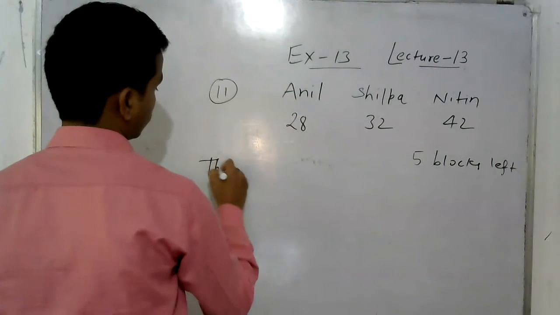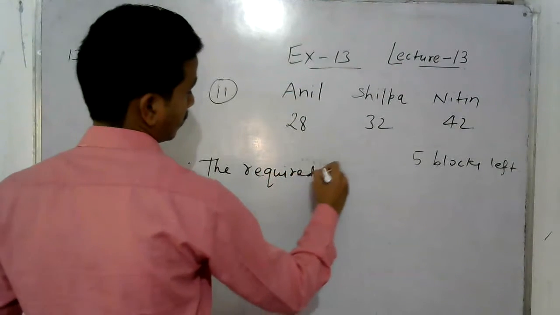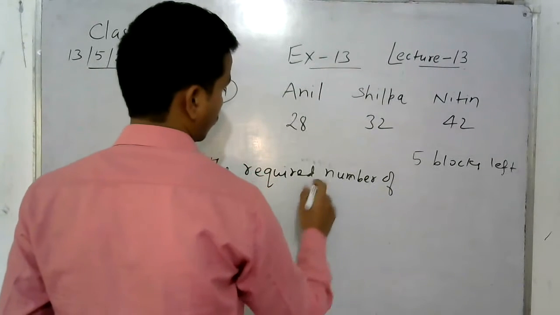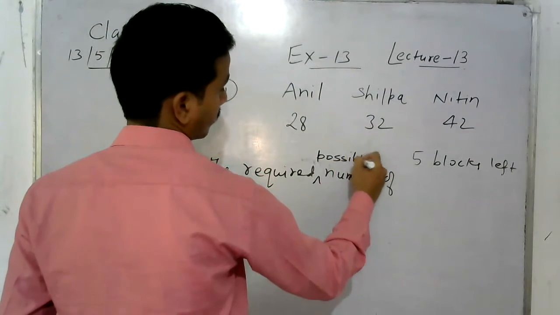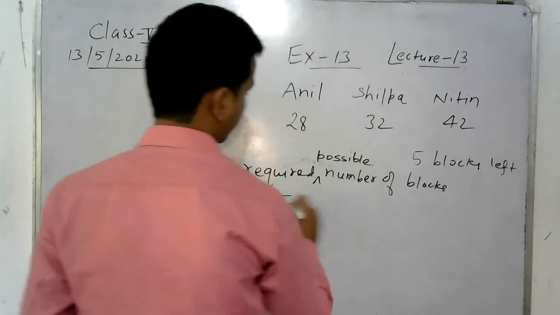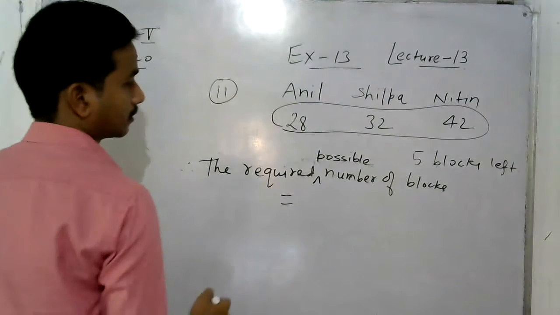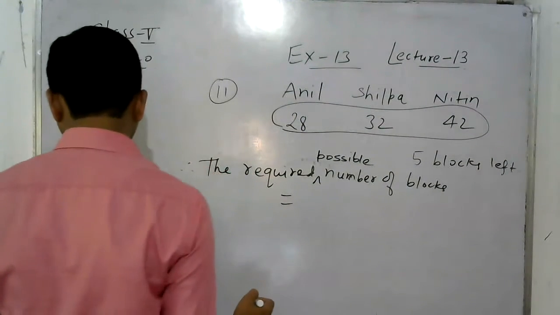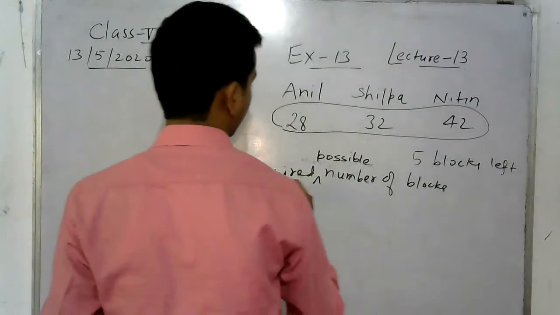So the required possible number of blocks will be equal to, first of all, the LCM of all these, because the question is asking for the smallest.